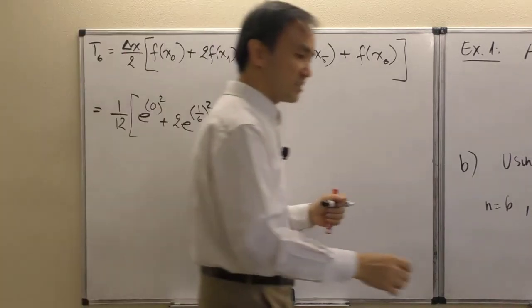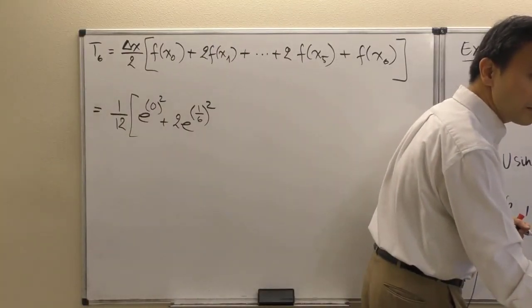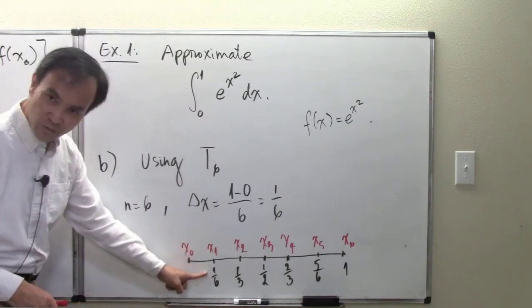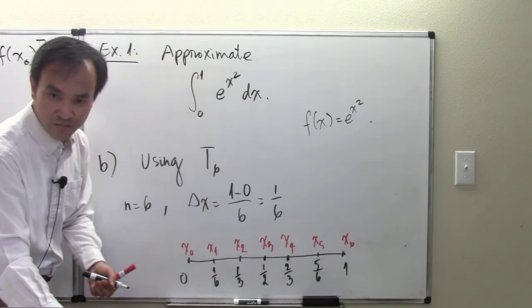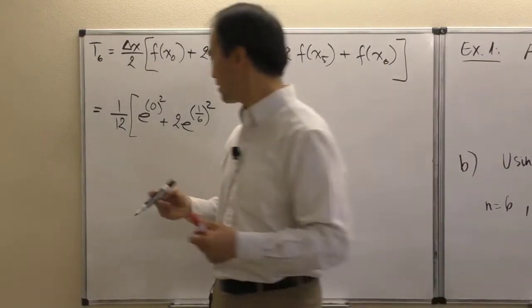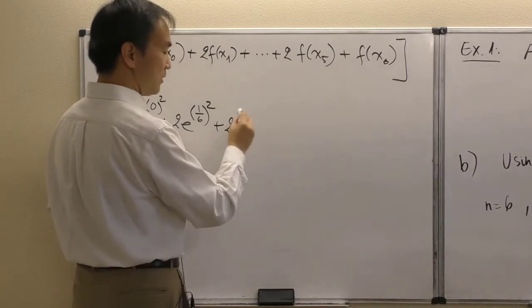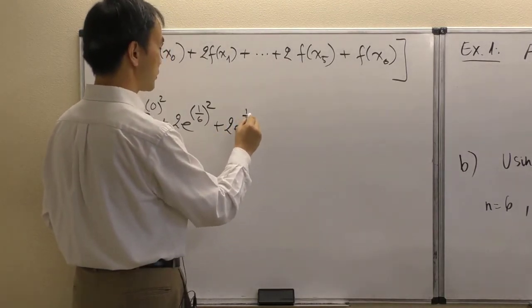Okay, so once again, I just need to remind everyone about this. So this is x1 right here. So x1 is 1/6. And now 2 times e to the 1/3 squared, because 1/3 is our x2.